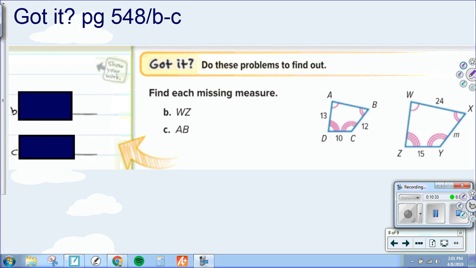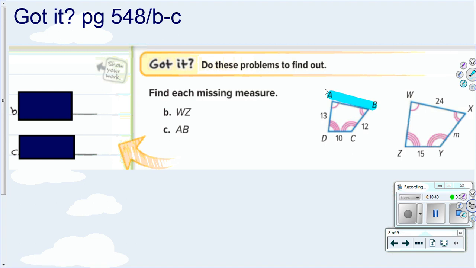Alright, let's look at this picture here. First, you need to figure out which sides correspond with each other so that you can set up your proportion correctly. So if I look at AB, it goes from 1 arc to 2 arcs.